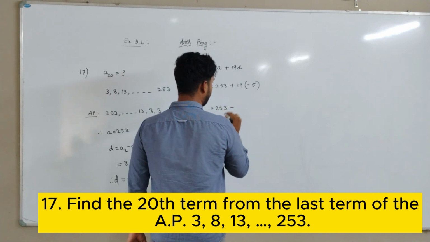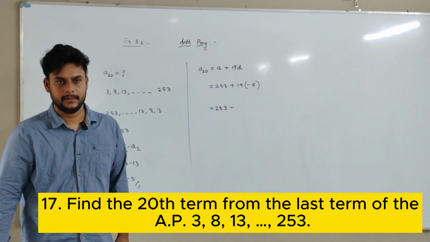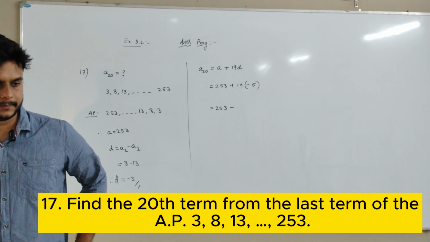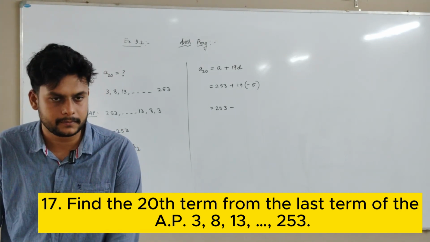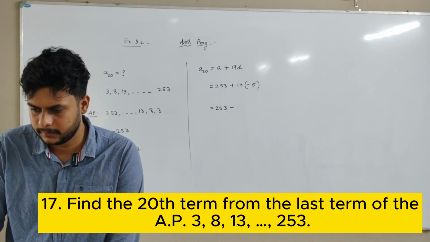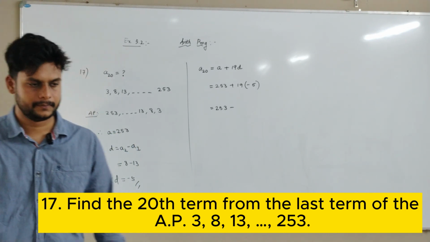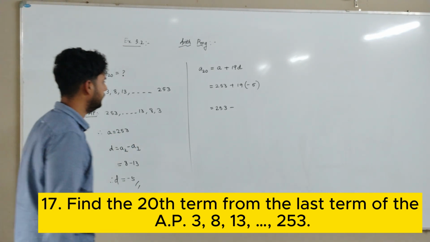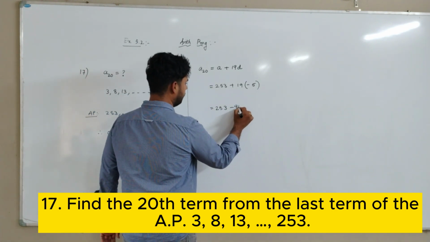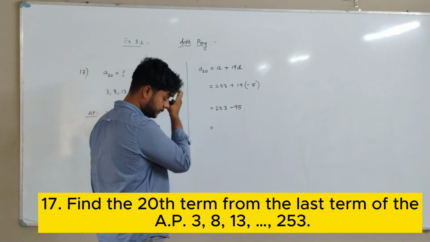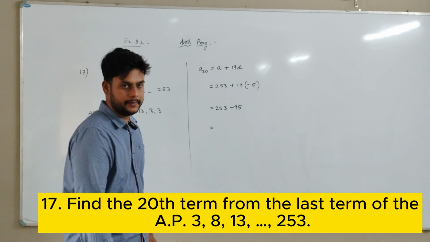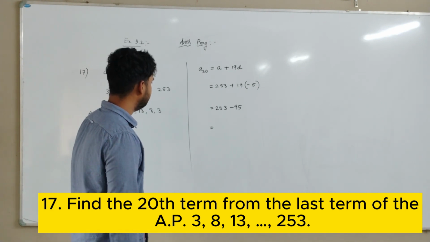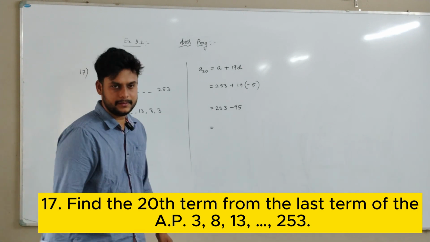So 253 minus 19 times 5. 19 times 5 is 95. 253 minus 95: 253 minus 100 is 153, 153 plus 5 is 158.